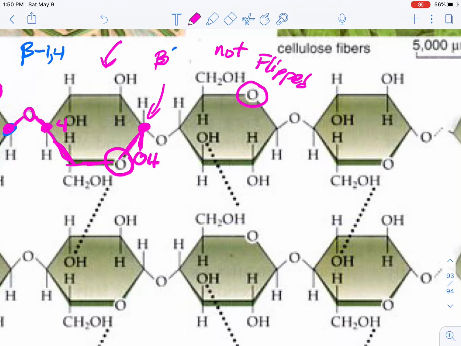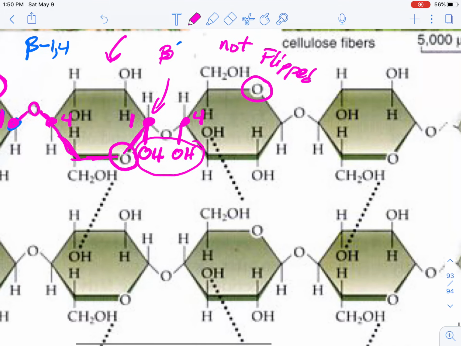And since it's not flipped, that means on carbon number 4, the OH is naturally pointing down. And so since the anomeric carbon on carbon number 1 that was flipped is now in line with the hydroxyl group that's on carbon number 4, these two can come together to form a glycosidic bond when a dehydration reaction occurs.